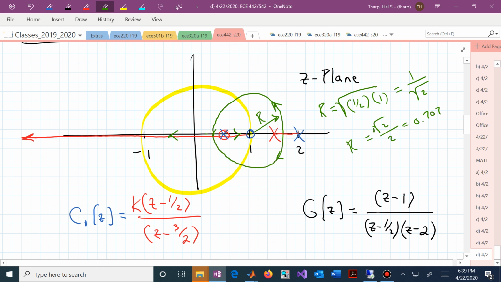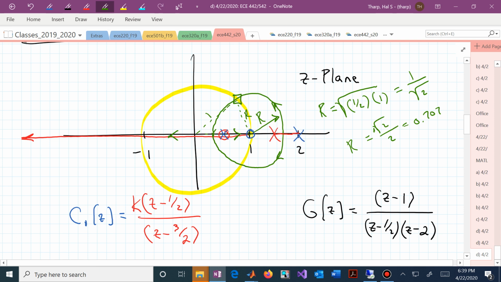But I hope you can see that as long as we crank up the gain to that particular point, and we know that that point is r away from that 0, we know that this distance is 1, and we know this length from the origin to the 0 is 1.